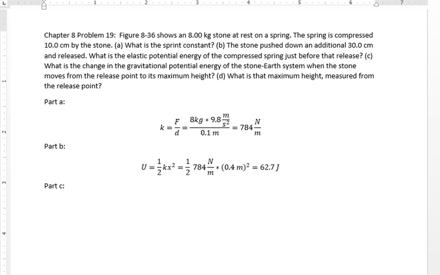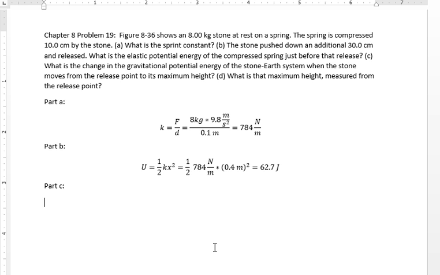Part C. What is the change in gravitational potential energy of the stone-earth system when the stone moves from the release point to its maximum height? All right. So if we consider the lowest point the stone is at to be its 0 point for gravitational energy, that means that the total height it's going to go to is given by the total energy stored in the spring.